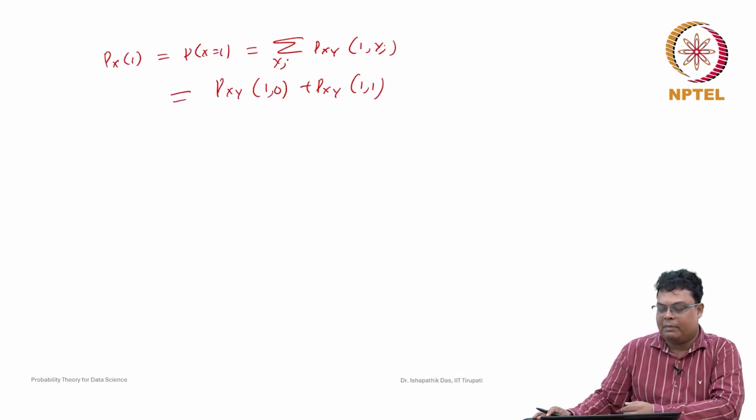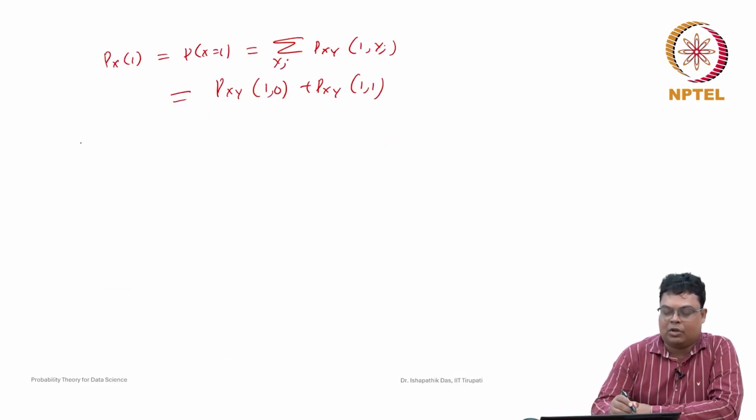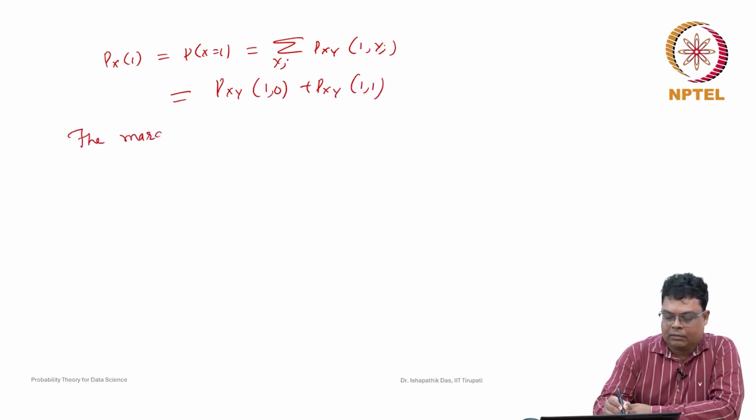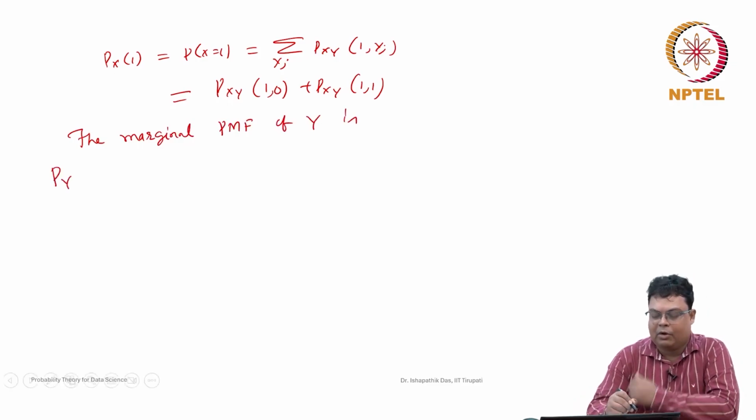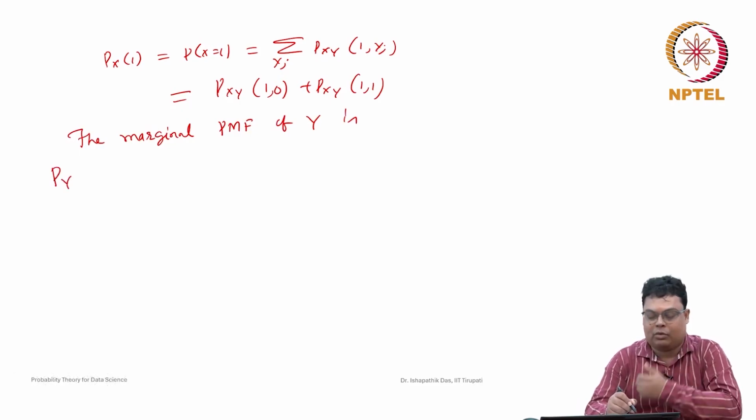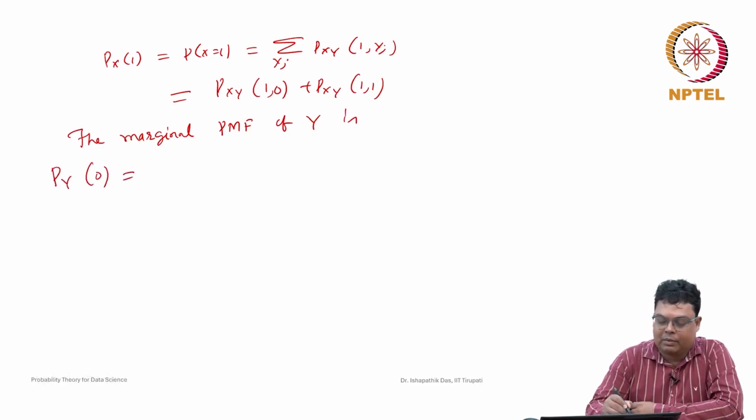Now, how can you find the marginal probability mass function of Y? Actually we will find P of y_j. There are two values Y can take. First we will find Y equal to 0. How can we find it? We can take the sum over the x_i values, keeping this coordinate the same.